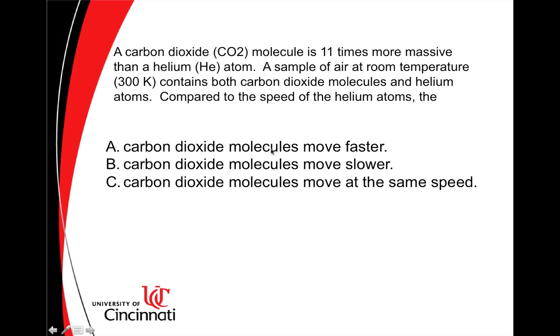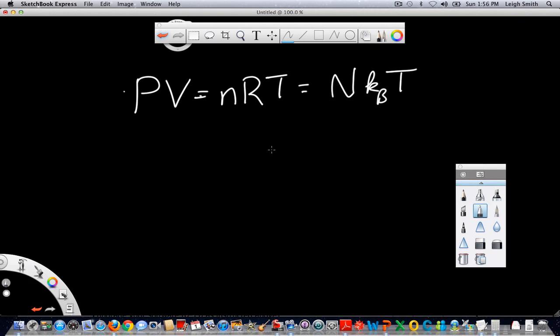What it means is that the translational kinetic energy for every atom is 3/2 kT. So every atom has that much kinetic energy. And if you want to isolate what the speed is, the factors of 2 will drop out.